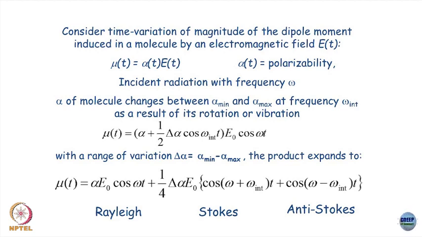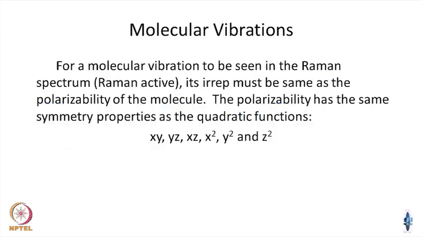It is another tensor, like the moment of inertia tensor. The frequency which does not change is Rayleigh, the frequency which changes is Stokes, and so these are the three terms which come out of this time dependent interaction term. What is going to be seen is, look at the binary basis for the group symmetry. If the irreps has any of these bases, then you say it is also Raman active. That is all we do.